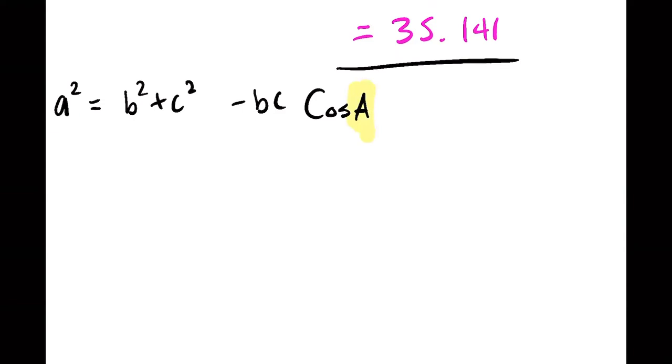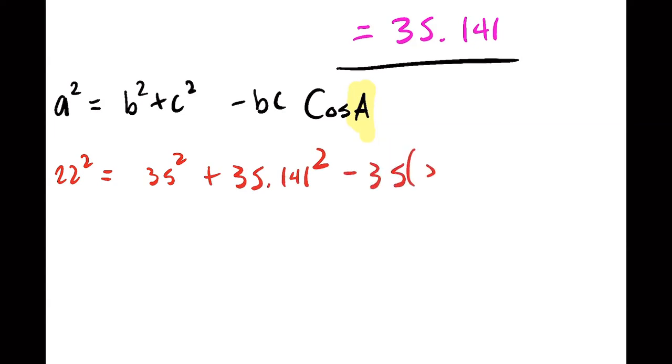So we just found what C was. So let's plug everything in. And we'll get 22 squared is equal to 35 squared plus 35.141 squared minus 2 times 35 times 35.141 times cosine of A.